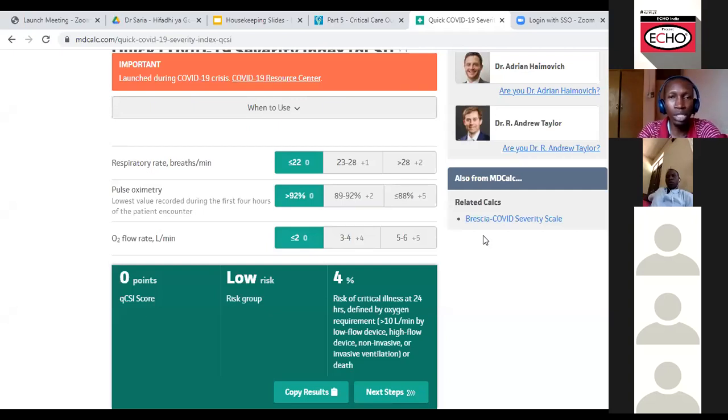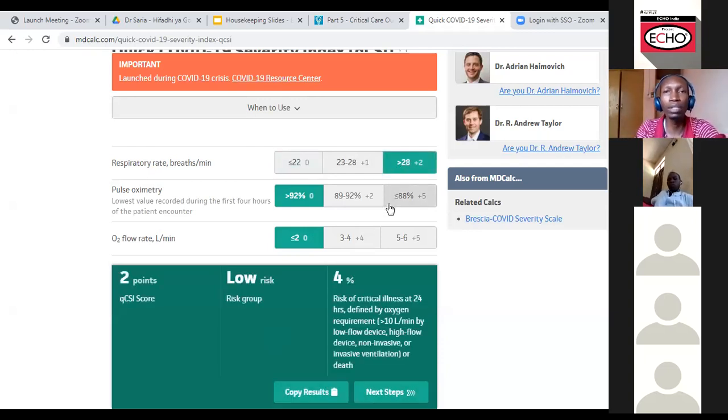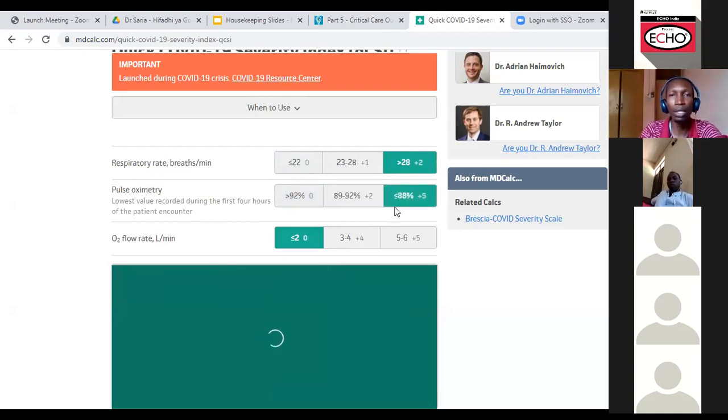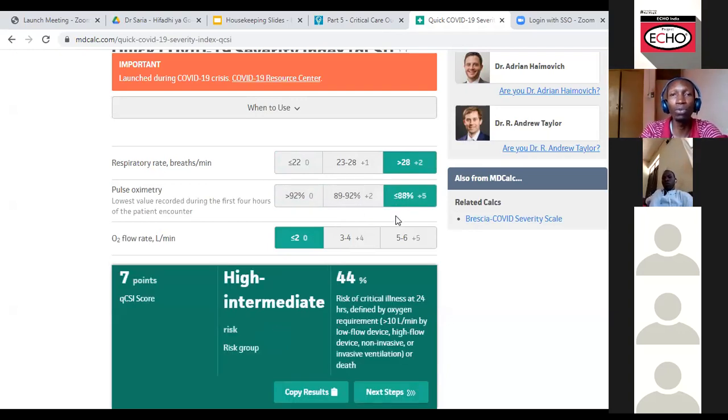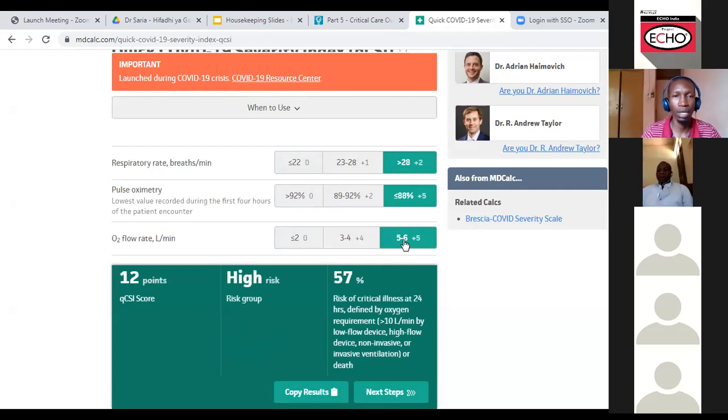So you go to the respiratory rate, look at where it falls. You check that SpO2 of 75, where does it fall? The flow meter of 10 liters, where does it fall? And every single one will give you a specific score which you will totalize. Most of the time you get a total of 12. And then this 12 will be divided into different risks of severity, all the way to the most severe one, which goes up to 12.